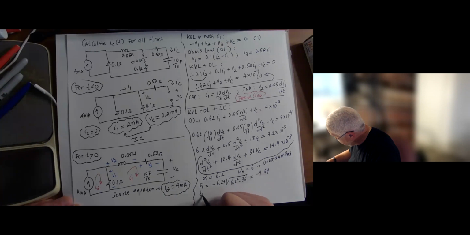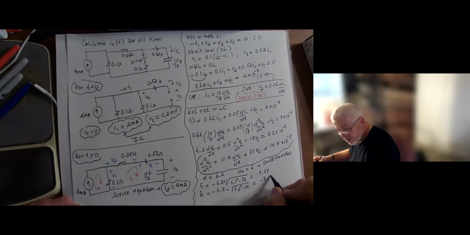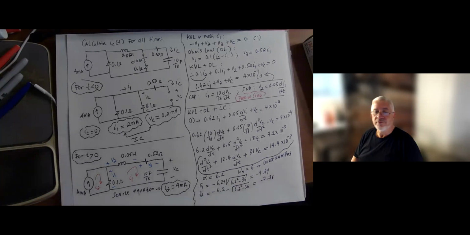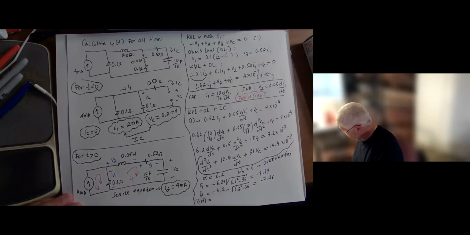And then S2 is minus 6.2 minus square root of 6.2 squared minus 36. And that's minus 7.76.